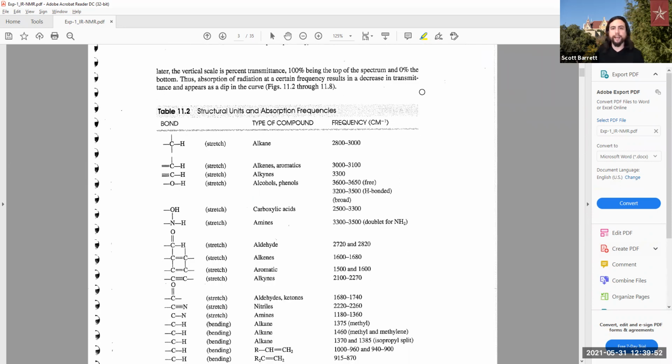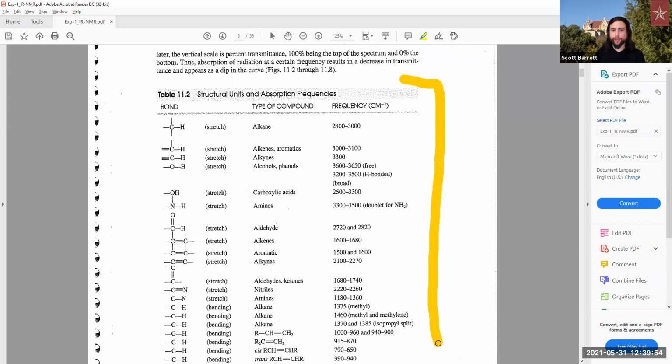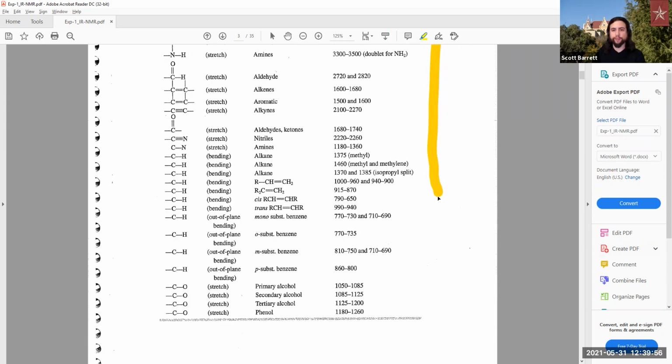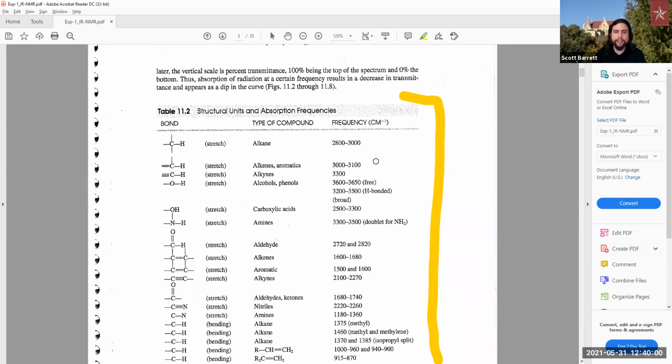So I didn't highlight this, but I'm going to go ahead and put this here as well. All of these are very important things for you to know. And it's good for you to just memorize the very important ones here, because certain ones like alkane stretches, it's kind of the same situation I spoke of before, where you're going to have a lot of alkane stretches in almost every single compound, unless it has no alkanes, which will be very rare when we're looking at organics.